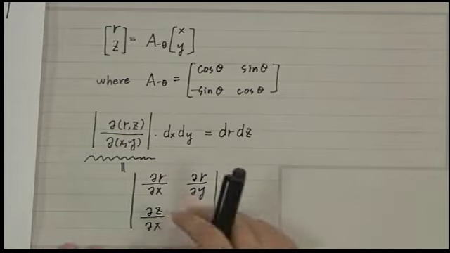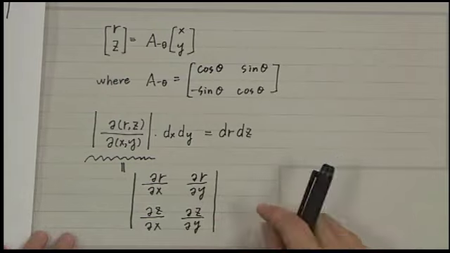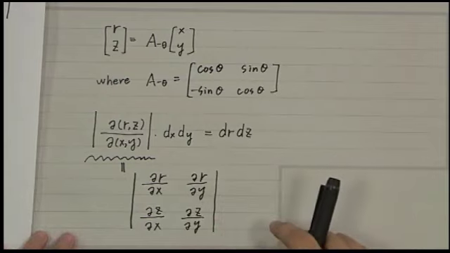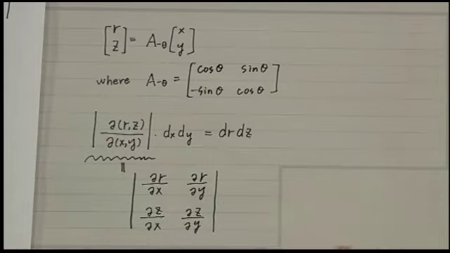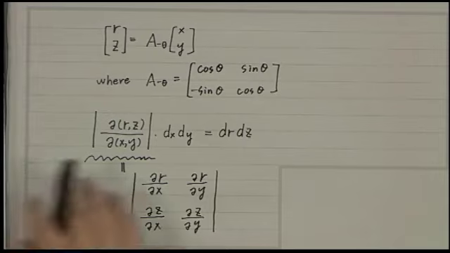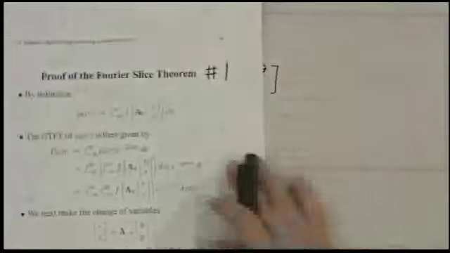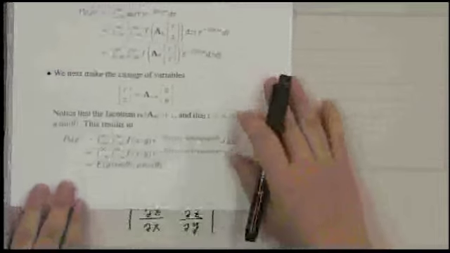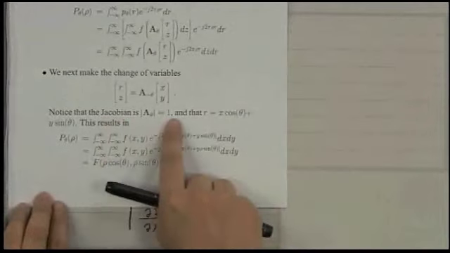And then just take a determinant, and then you will find this equals 1. So the calculation is not so bad. This is because it is a 2 by 2 matrix. So we knew that the Jacobian is 1.